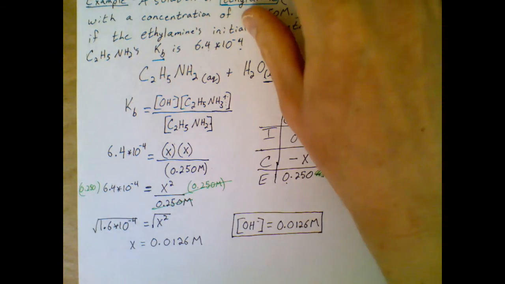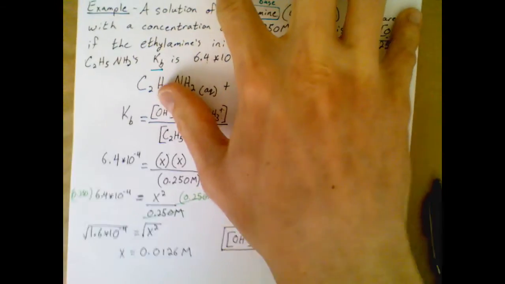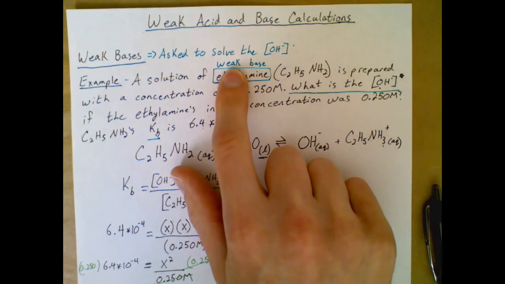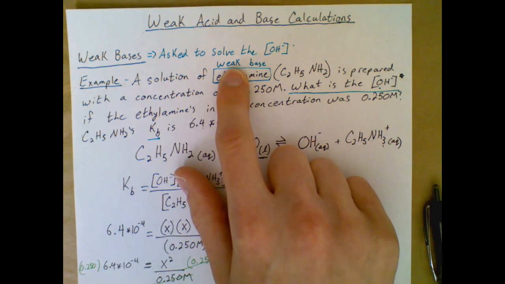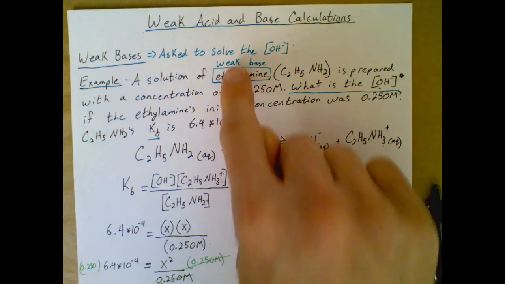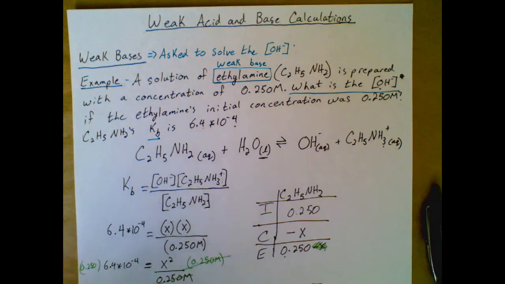One of the biggest mistakes people make when they're dealing with chemistry of this style is they treat a weak base like a strong base, or they treat a weak acid like a strong acid. That's why I've told you, first thing, always check. Is it an acid? Is it a base? Is it strong or is it weak? Ask yourself that question before you start every single problem, and it'll lead you down the right path.